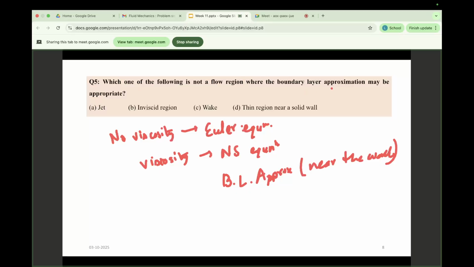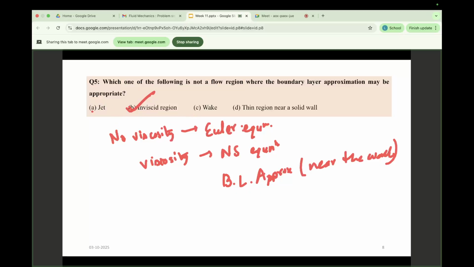So for this boundary layer approximation, there should always be viscosity. Inviscid region means no viscosity should be there. So this is not the reason why the boundary layer approximation is required. You can directly solve it using Euler's equation. So option B is the correct answer. Good.